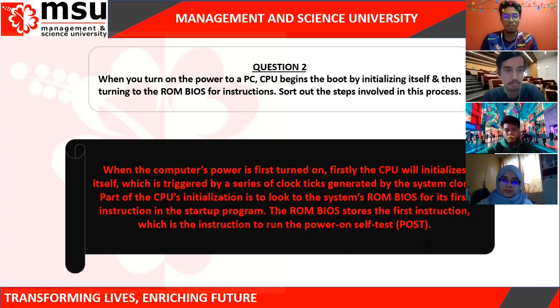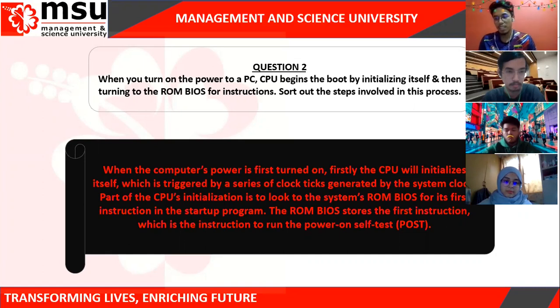When the computer's power is first turned on, firstly the CPU will initialize itself, which is triggered by a series of clock ticks generated by the system clock. Part of the CPU's initialization is to look to the system's ROM BIOS for its first instruction in the startup program. The ROM BIOS stores the first instruction, which is the instruction to run the power-on self-test, POST.